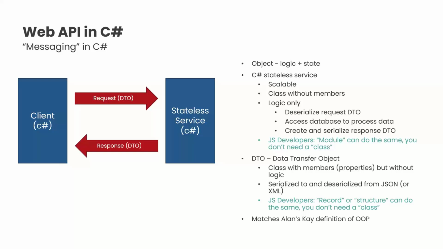And to make it a bit simpler, let's assume that we have a client written in C# and a service written in C#. So the architecture for this type of application, as suggested, is that the application itself, the service, is stateless. So it doesn't have any state. It's not keeping anything in memory.